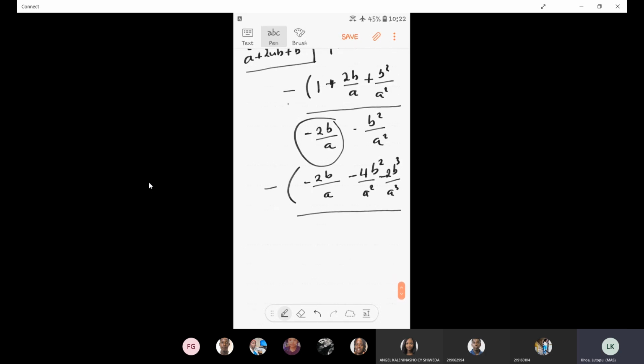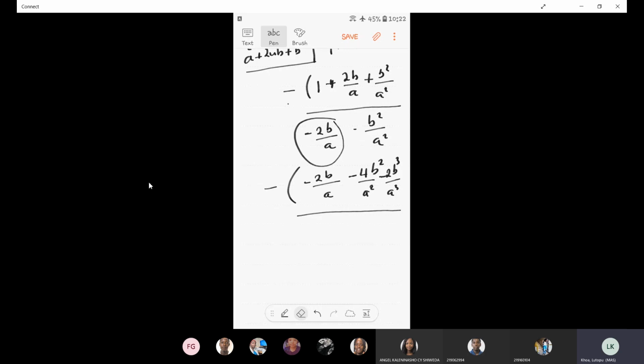So the first term will obviously be 0. So I have negative 2b over a minus negative 2b over a, that is 0. Then for this one here, this is b squared over a, and that one is also b squared over a. This is negative 1. So I say negative 1b squared over a minus negative 4b squared over a.